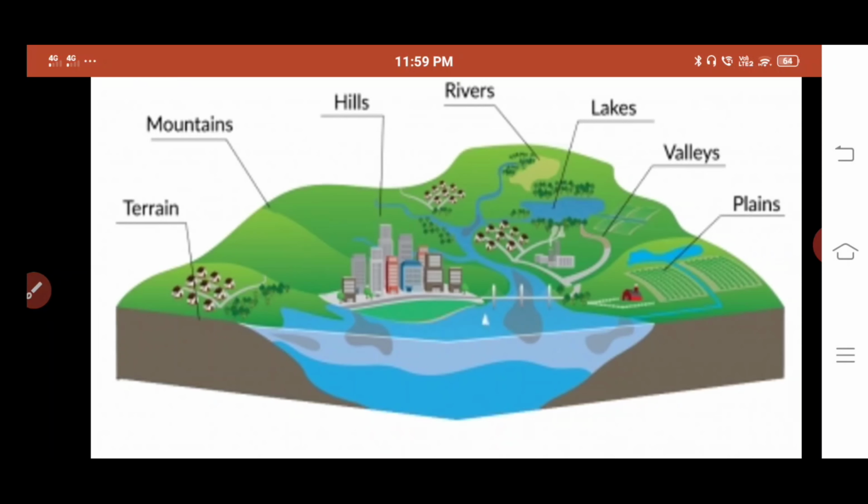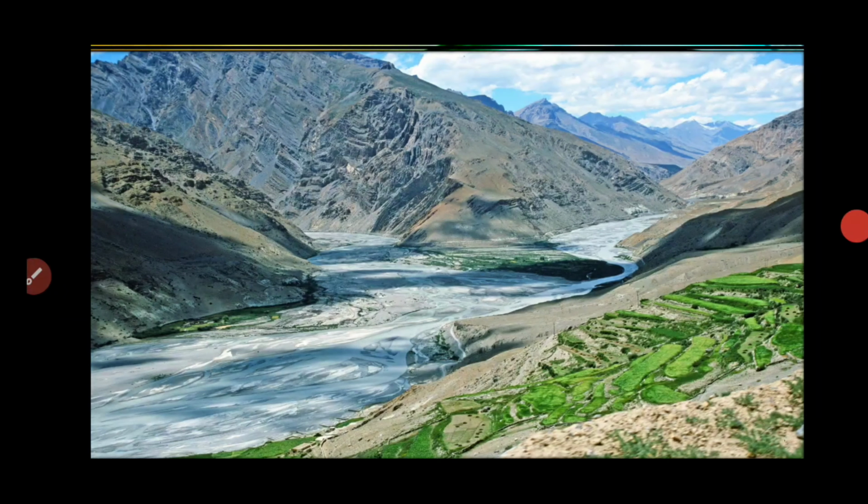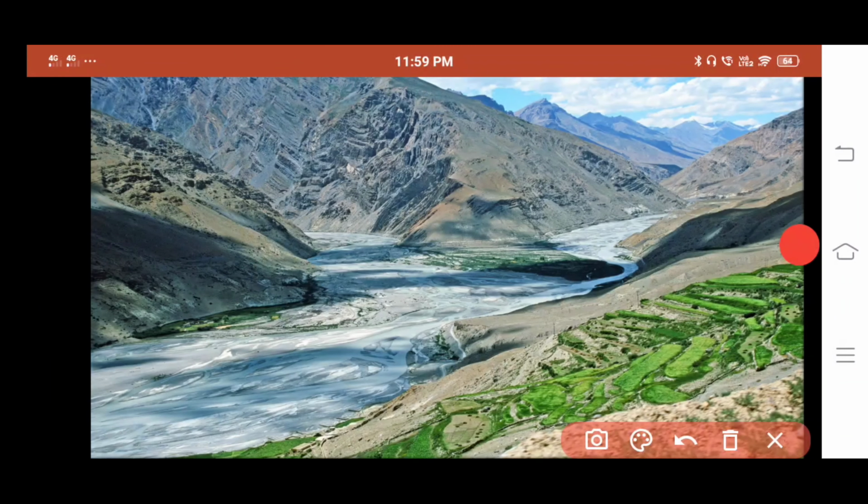So what do you mean by contour lines? Contours are the lines on the map joining places of the same height measured from the sea level. Understood, my dear? Here I will show you one example. For example, this is one map. This is one hill.